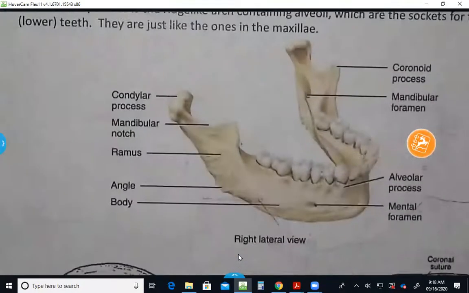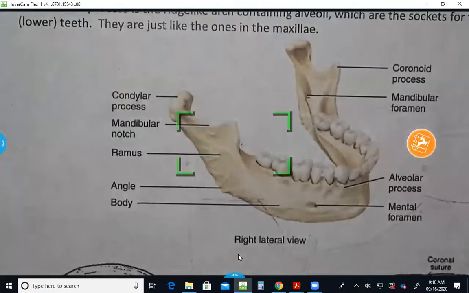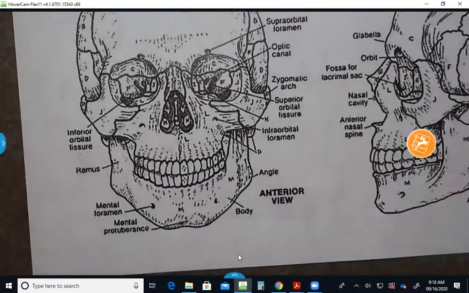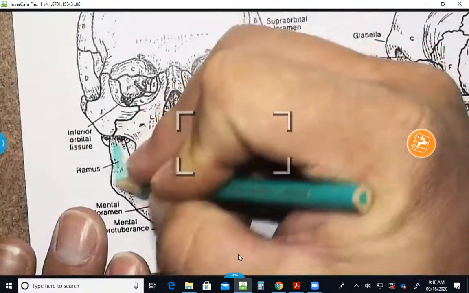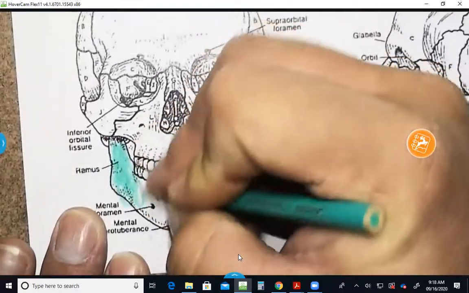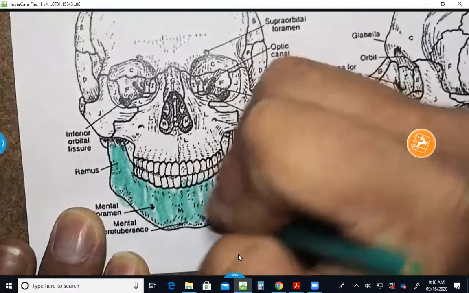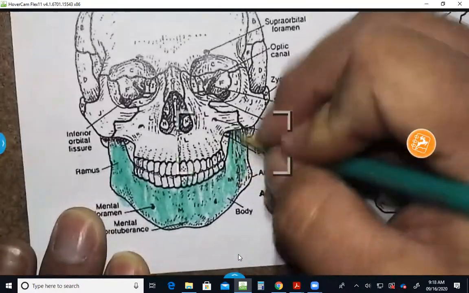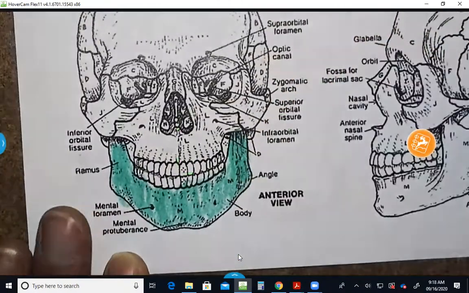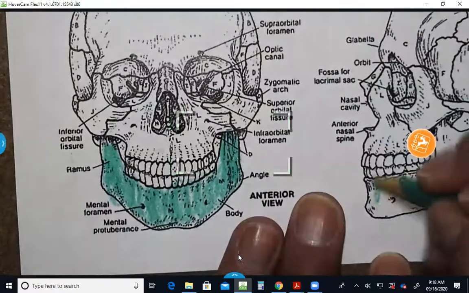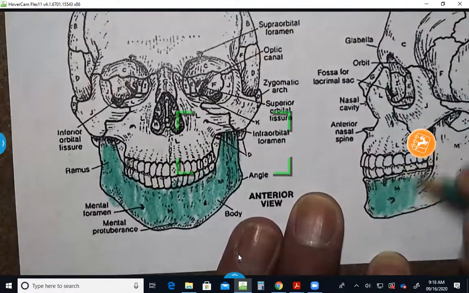So what I've done is I've included a mandible on its own. And then at the bottom, we've got our anterior and lateral views that we've seen just about every page here. Your lower jaw, it's a singular bone, whereas our upper jaws, the maxilla, were two bones.